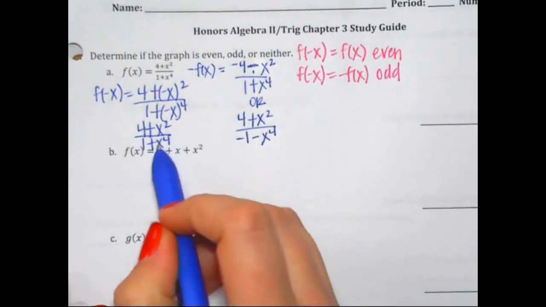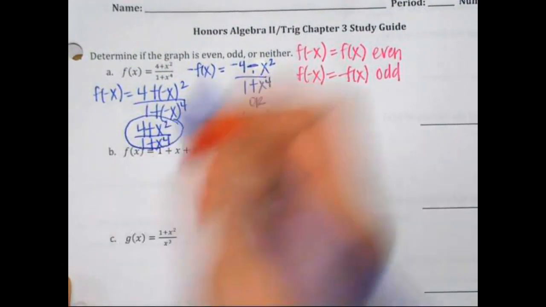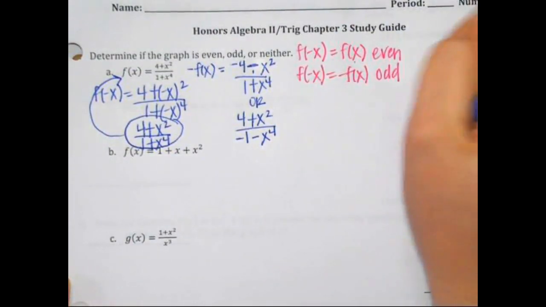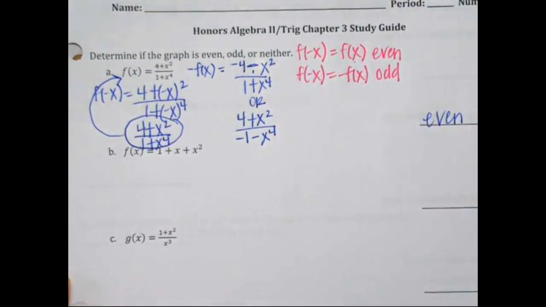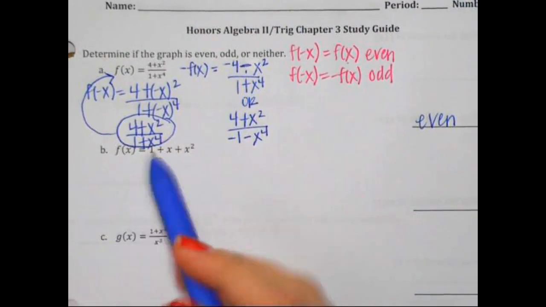So the negatives actually go away, and this is the same as the original. So f of negative x equals f of x, so it's even. Okay, so that's the first one.